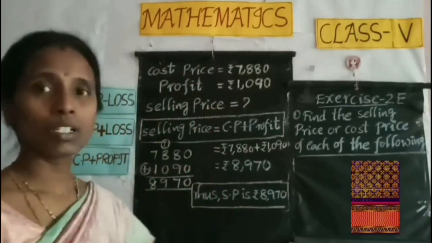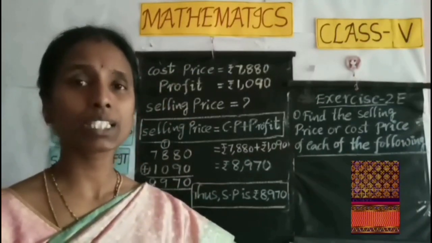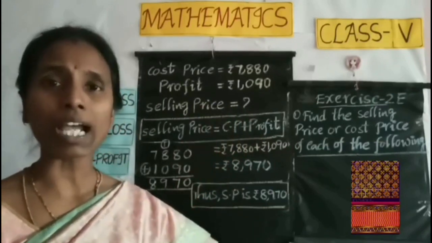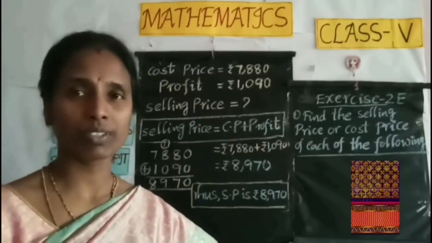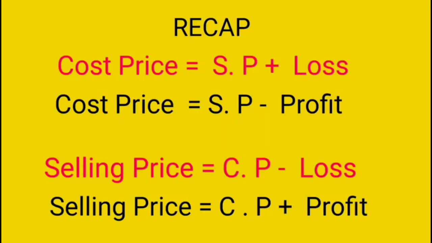Okay, children. So, when cost price and profit are given, to find the selling price, we have to add profit and cost price, CP plus profit. Okay, children. So, practice the sums. Children, it's time to recap. As we discussed earlier, if we know any two values, we can find the third value.